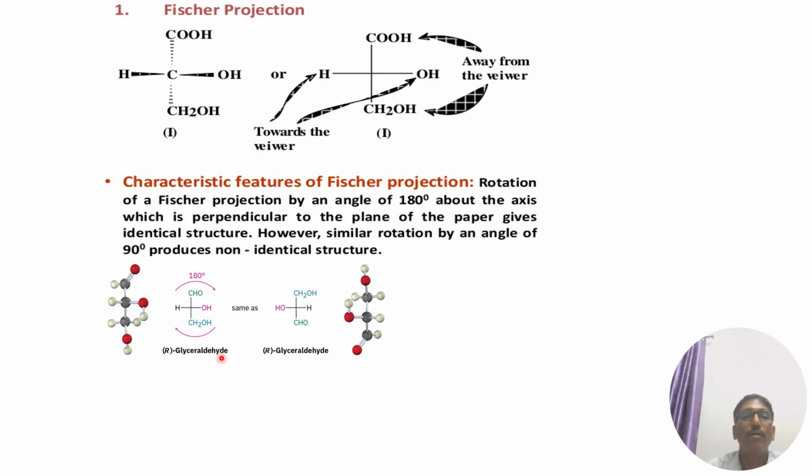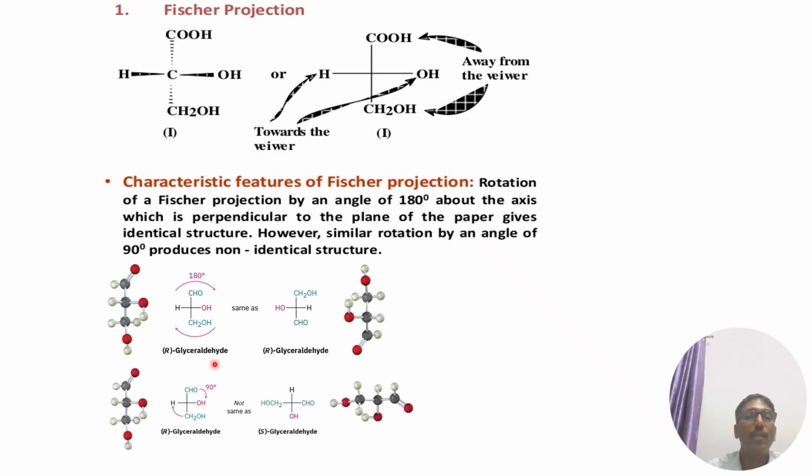While when we do the 90-degree rotation, for this particular example, the same R glyceraldehyde, when you do a 90-degree rotation, we get this particular configuration. When you give the assignment, the hydroxy gets first priority followed by the aldehyde and then CH2OH. It is S because it's an anti-clockwise direction.